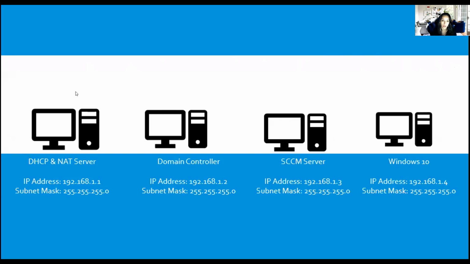And then the network address translation part of it is where it is going to translate our public facing IP address into an internal private IP for our SCCM home lab. That way it's not actually connected to the internet, it's just connected to this DHCP server, which is our own private closed off network.